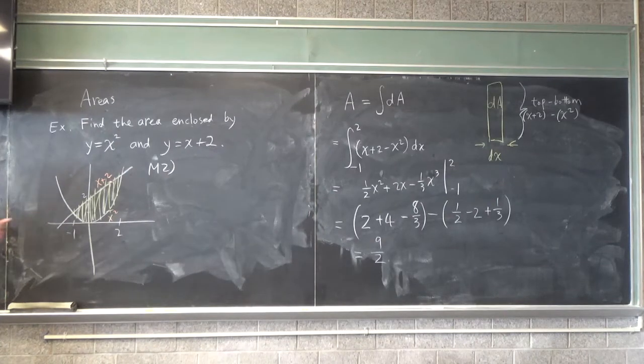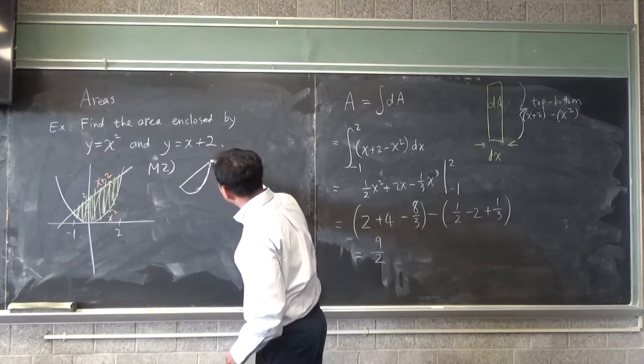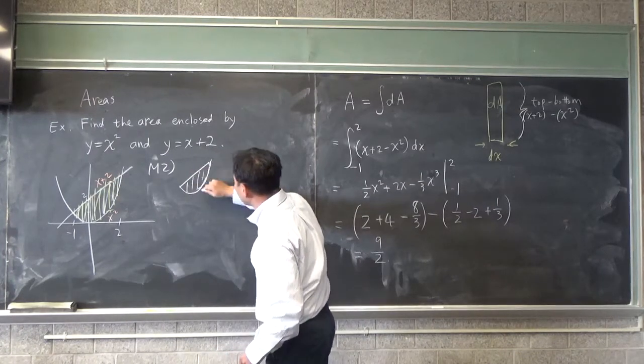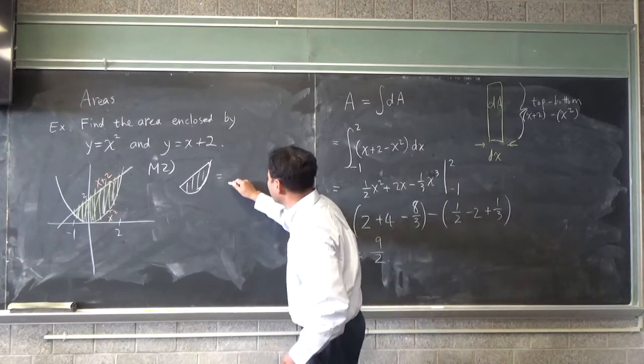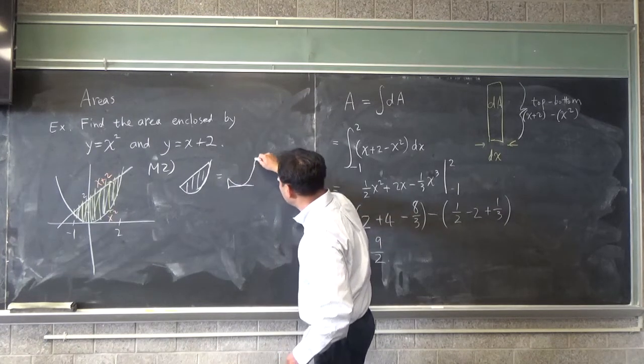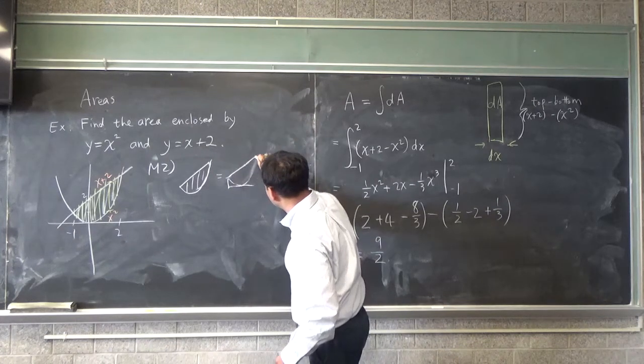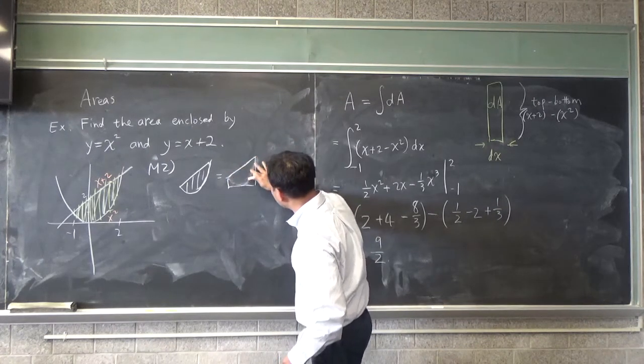You think of this area that we're trying to find, this one, as like you have, no, not that one. Oh, we can put a dotted line here.